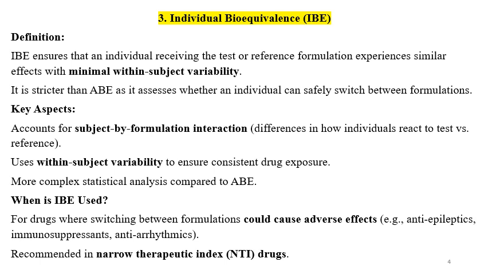Population bioequivalence is for the total population to study the variability, and now individual bioequivalence is for ensuring the variability within a subject. So it is stricter than ABE, as it assesses whether the individual can safely switch between formulations. So you can understand here that individual safety is considered in the IBE.